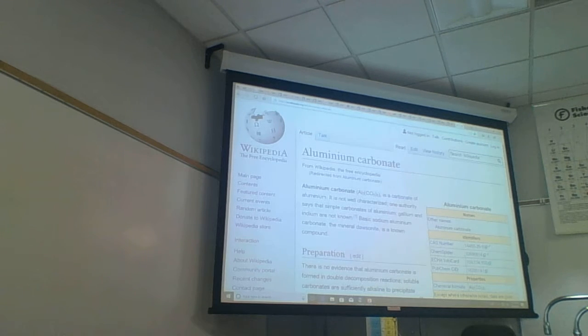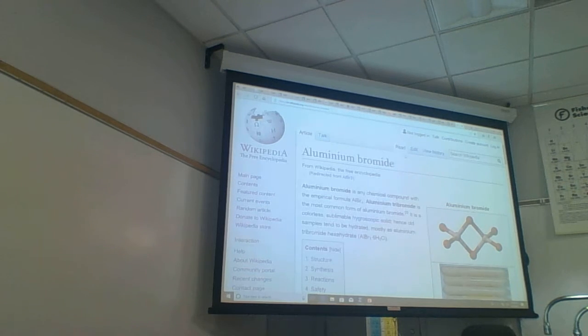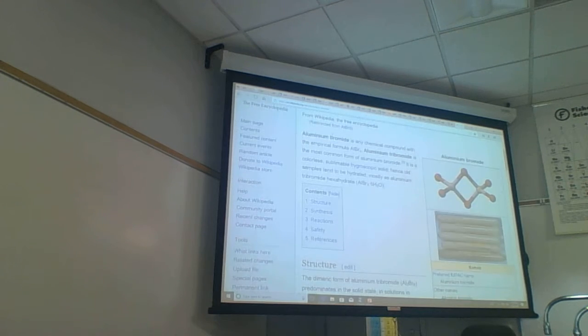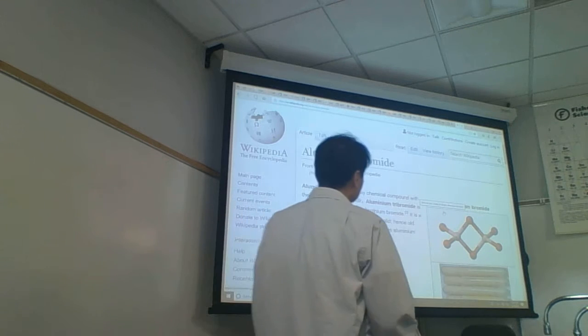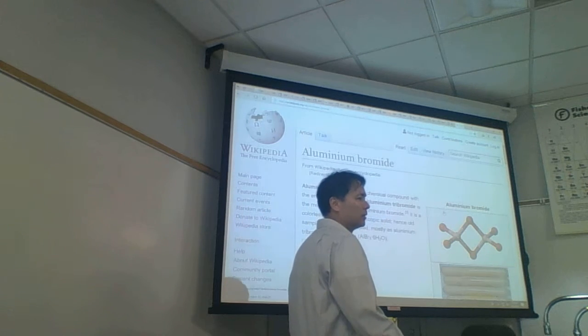But we could go to a different one. For example, aluminum bromide is the other one. So let's look at aluminum bromide. Here's the next one. This one is tricky. It's tricky because look at the structure. Is that a molecular structure or is that a crystal lattice structure? Molecular structure.